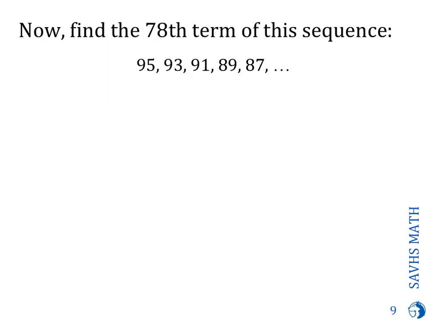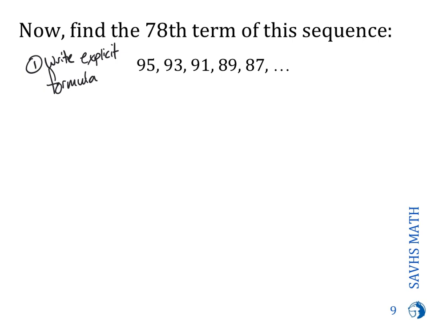This problem is like the kind of ultimate end of what we're going to do today. This one says, find the 78th term of the sequence. And so what we need to do is write an explicit formula for the sequence.